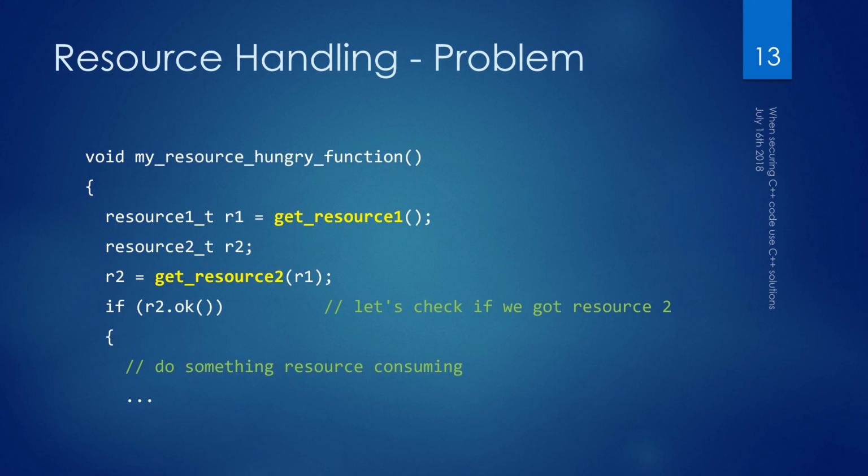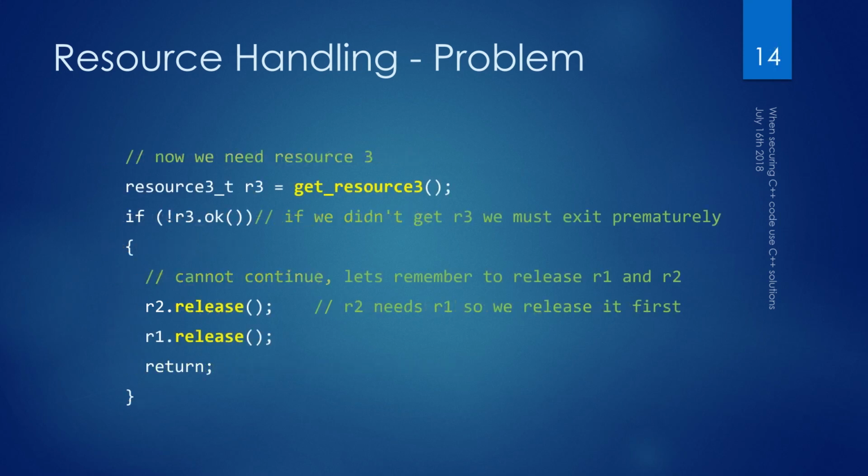So I start with get resource 1, and then I get resource 2, which depends on resource 1. And now I have to check if we got it. Okay, we got it. So we can continue and do something with both of those resources.